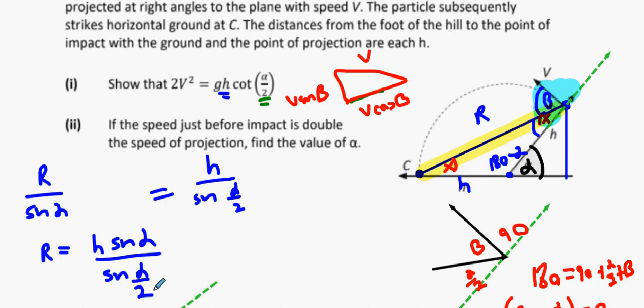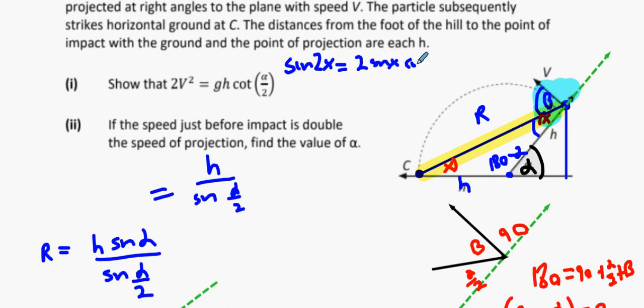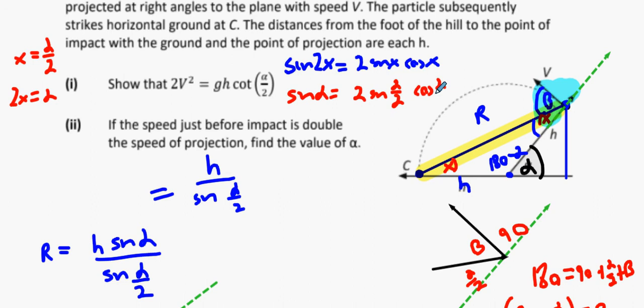Now, actually you do have a way of getting rid of that. And this is like trigonometry 101 here. It's killer. Sine, remember sine 2x equals 2 sine x cos x. Okay? Imagine x is alpha over 2. Right? So this becomes sine, and 2x would be alpha. So sine alpha is 2 sine alpha over 2 cos alpha over 2.